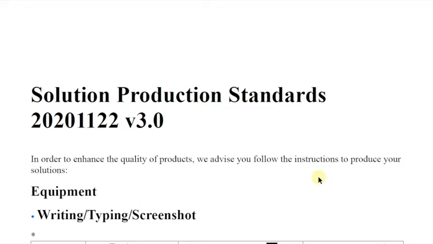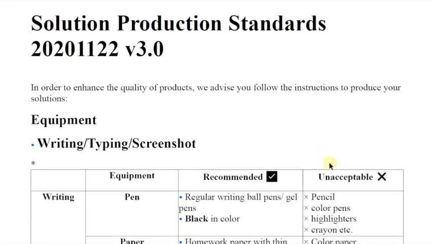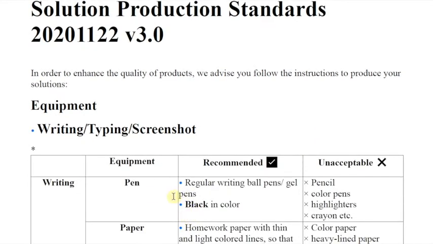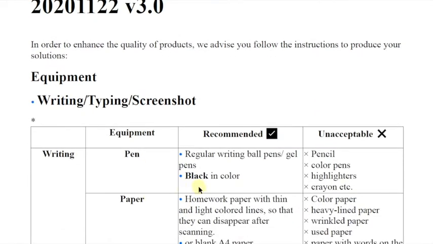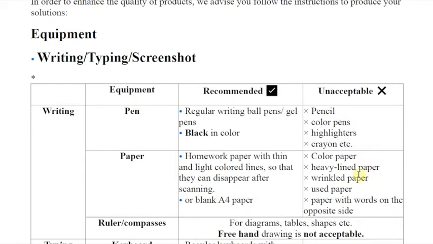The equipment we can use for writing, typing or screenshot. For writing, the equipment is a pen. Recommended are regular writing ball pens or gel pens, and they should be black in color. Unacceptable are pencils, color pens, highlighters, crayons, etc. The paper should be homework paper with thin and light colored lines so that they can disappear after scanning, or blank A4 size paper.